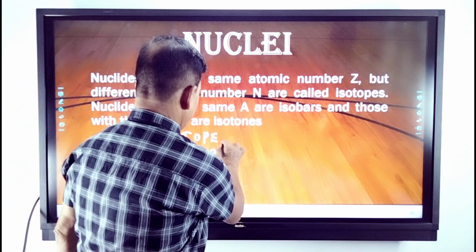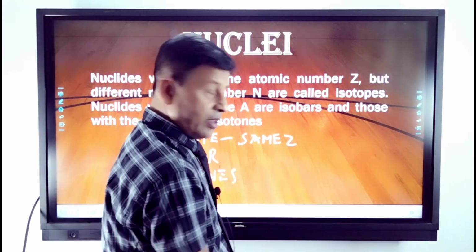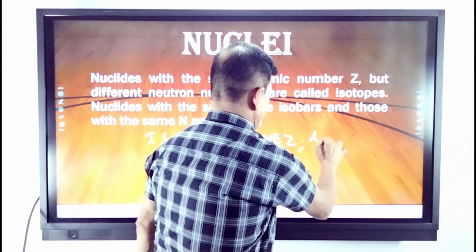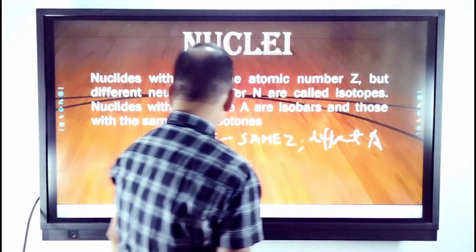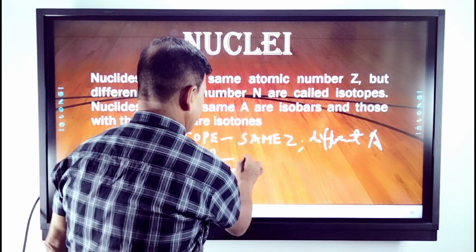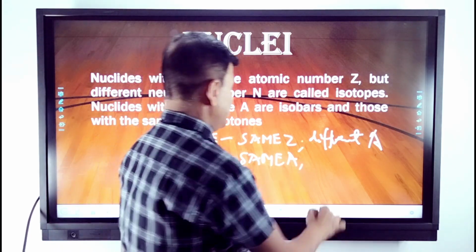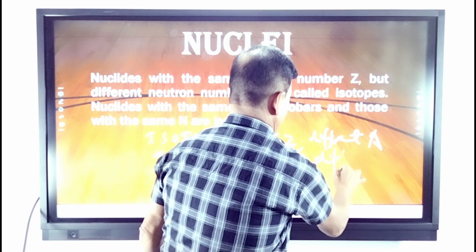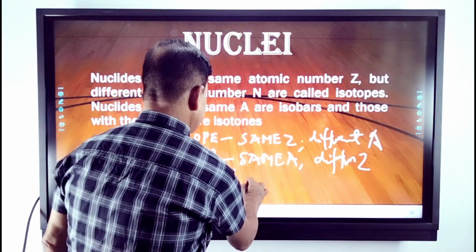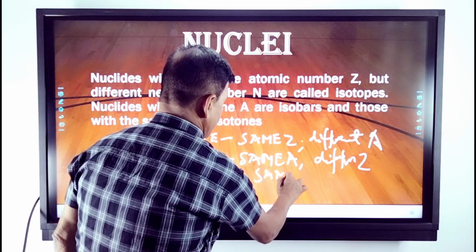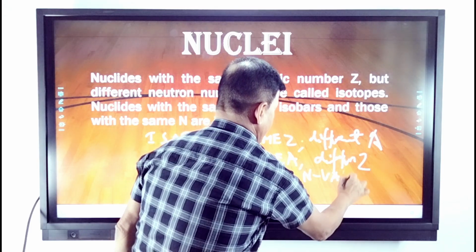Isotopes means same Z, different A. Isobars means same A, different Z. And isotones means same N. The number of neutrons will be the same.